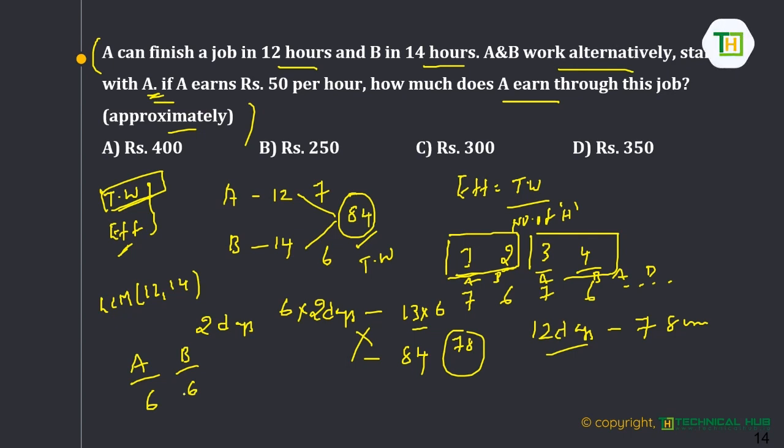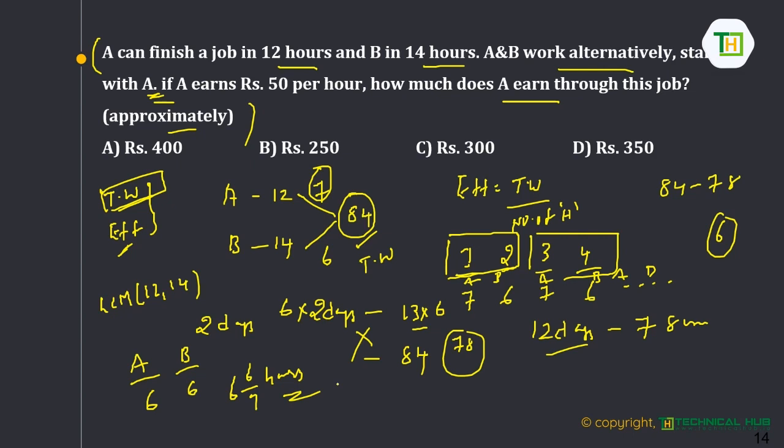Next, in the 13th hour, A will come. Out of 84, 78 units are completed, so how many units are still pending? 6 units are pending. A's capacity is 7 units per hour, so the entire hour is not required. A can complete it in 6 by 7 hours.